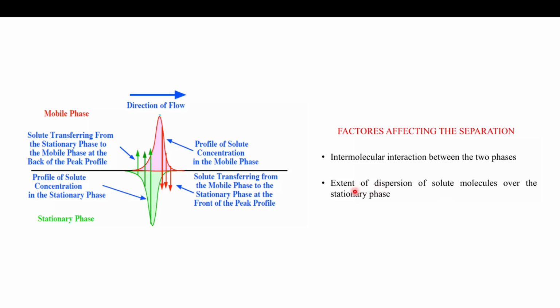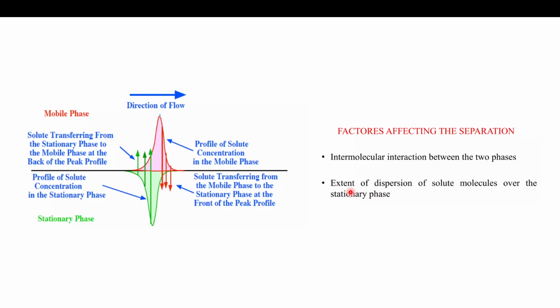Now suppose the interactions of two compounds A and B with the matrix are of the same value, in the same range. Then their separation will be very poor, because they will be present at the same point.